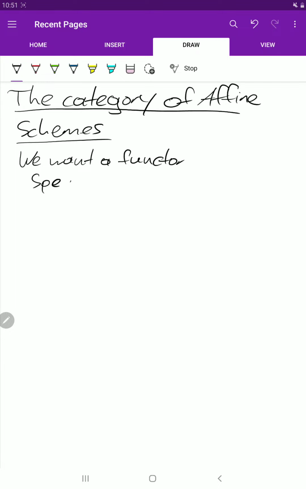We will call it Spec, as the spectrum, as we already had for this functor from rings to topological spaces, but now it goes into affine schemes. Okay, it's quite clear what it should do.